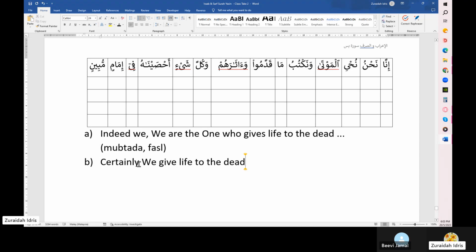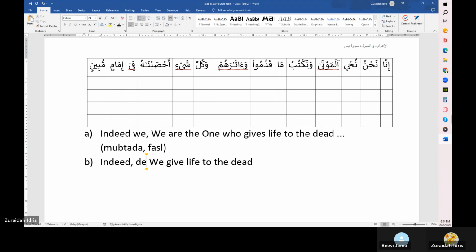Remember we did the double emphasis, you translated Surah Al-Humazah beautifully. One was "certainly." Or do you want to put "indeed" here? What is emphasized is nahnu. So indeed, definitely, we give life to the dead.